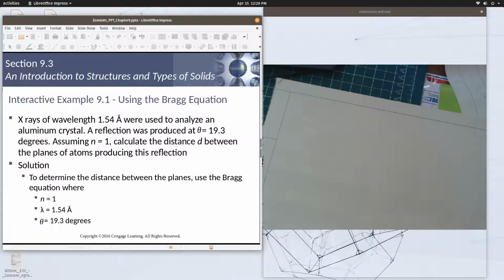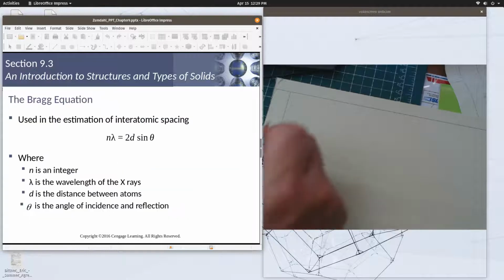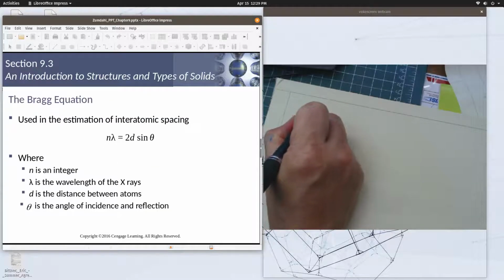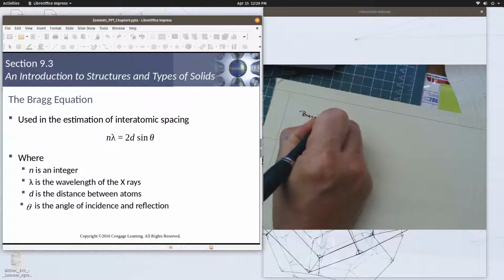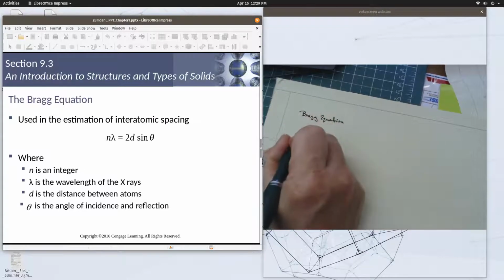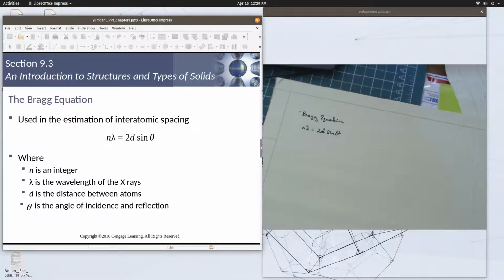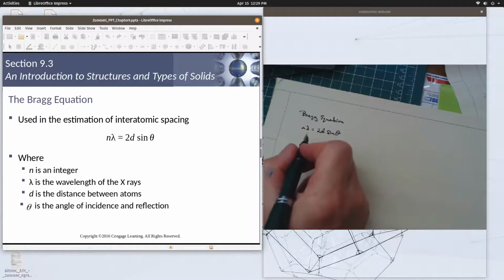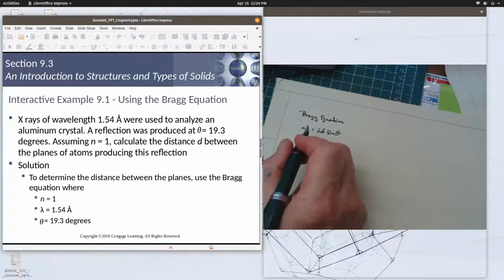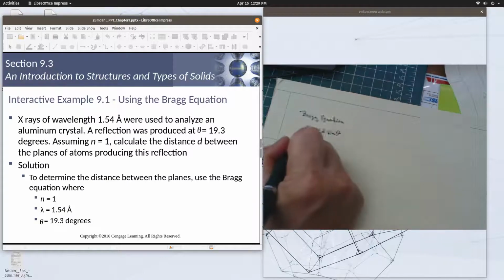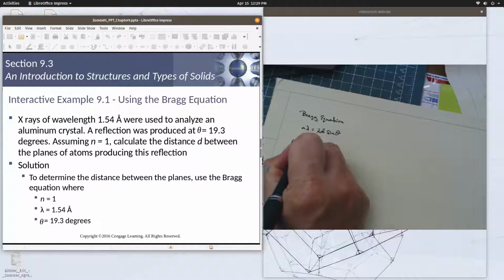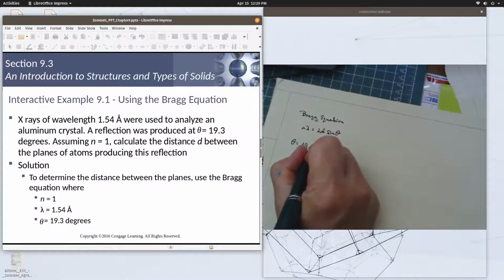We see the first Bragg peak. It would be nice if they actually showed some data for this. And so I can use the Bragg equation. Let's go back to the Bragg equation, lambda equals 2d sine theta, and so our data is that theta is equal to 19.3 degrees.